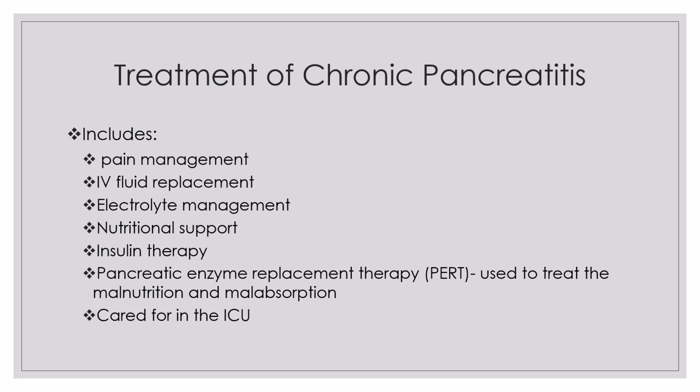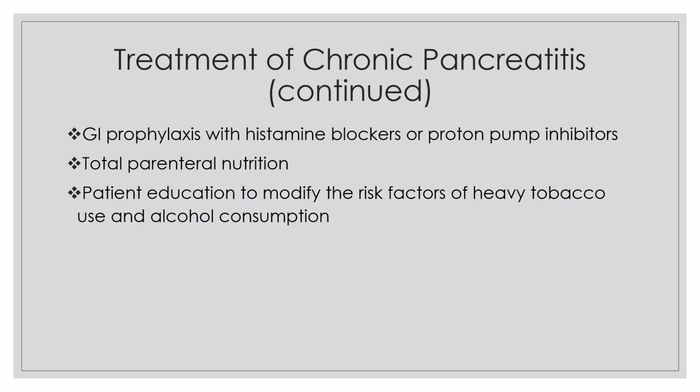And this patient, more often than not, is cared for in the ICU. So GI prophylaxis and histamine blockers or proton pump inhibitors, total parenteral nutrition, and patient education to modify the risk factors of heavy tobacco use and alcohol consumption.